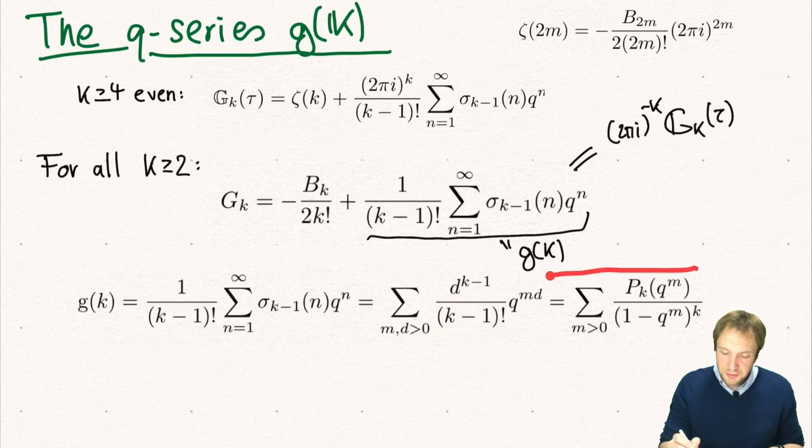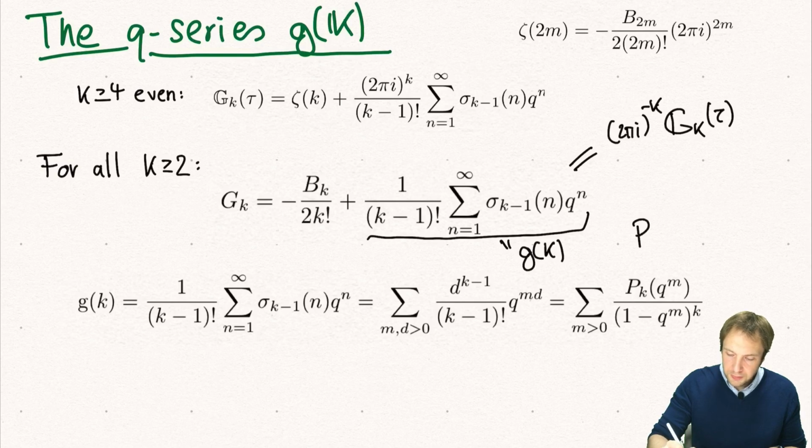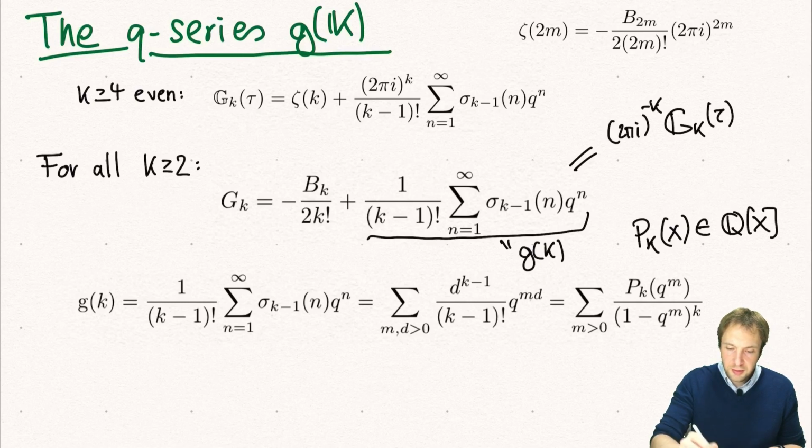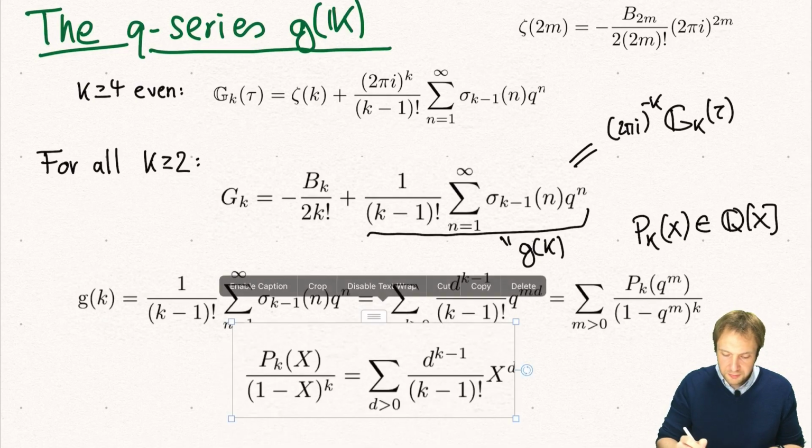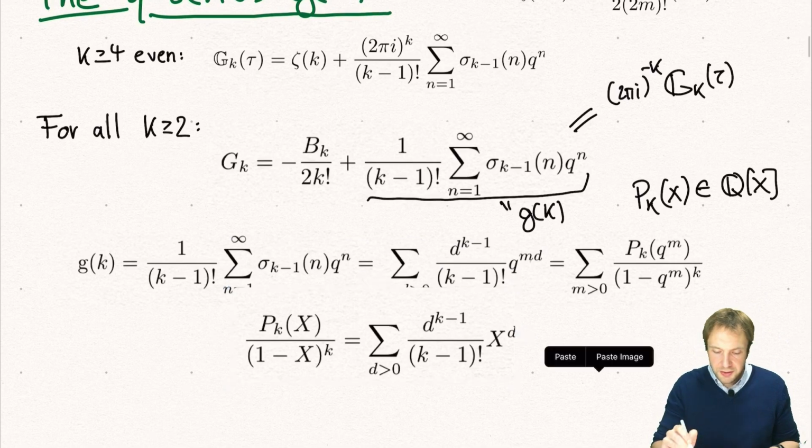And now this can be written as this, where this p_k is a polynomial with rational coefficients. And this is exactly defined by this equation here.